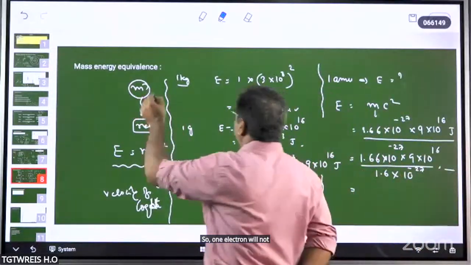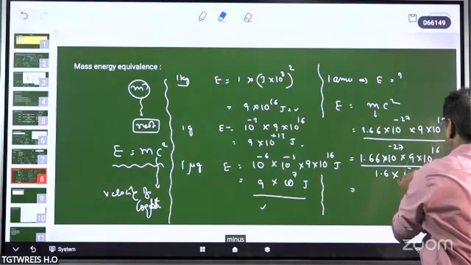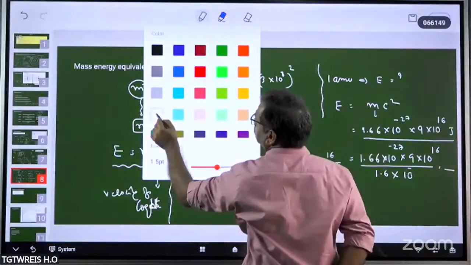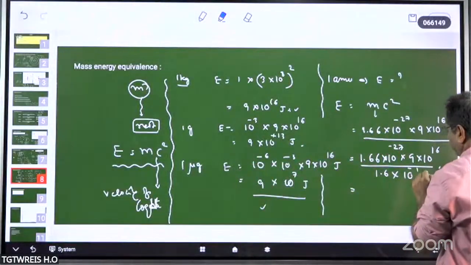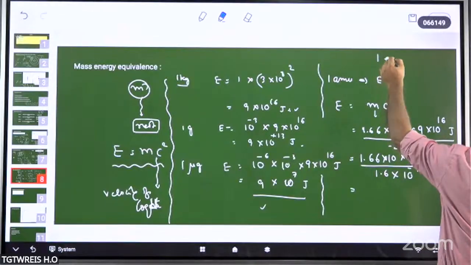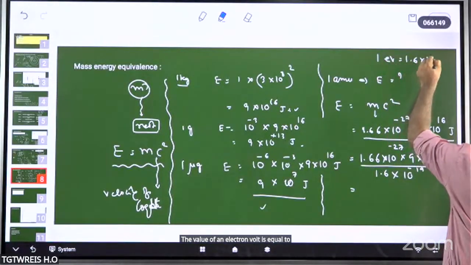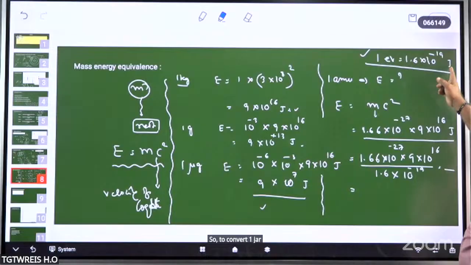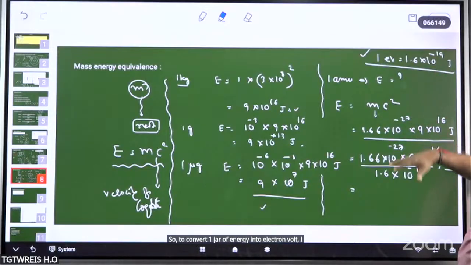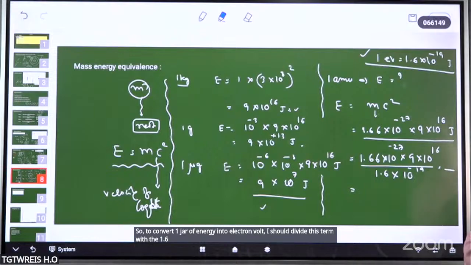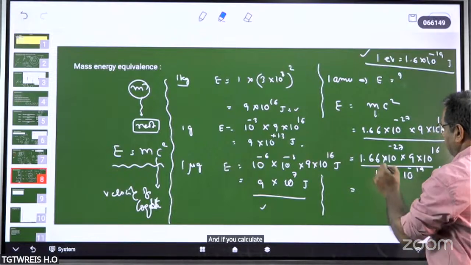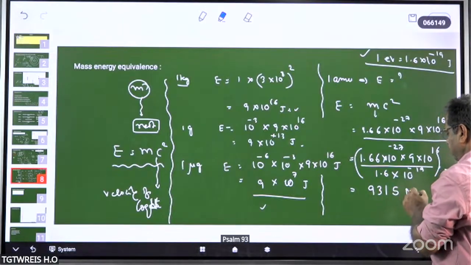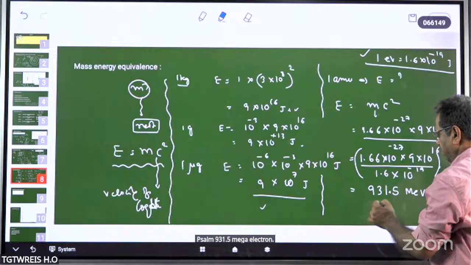Not 27, actually minus 19. The value of 1 electron volt is equal to 1.6 into 10 to the power of minus 19 joules. So to convert energy in joules into electron volt, I should divide by 1.6 into 10 to the power of minus 19. And if you calculate all this, you will get 931.5 mega electron volt.